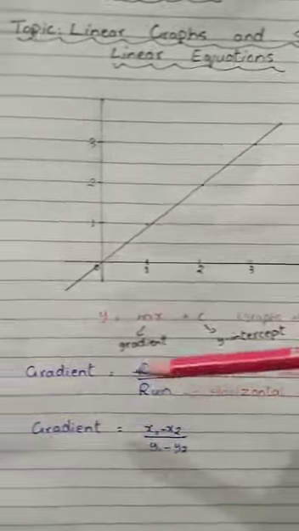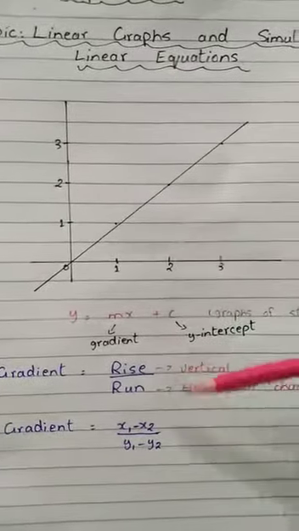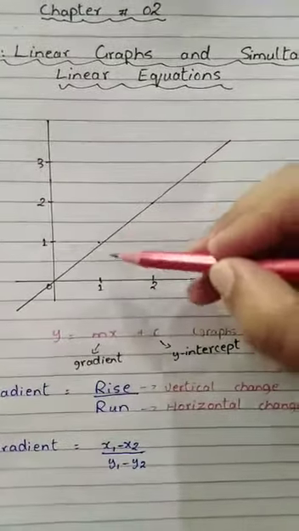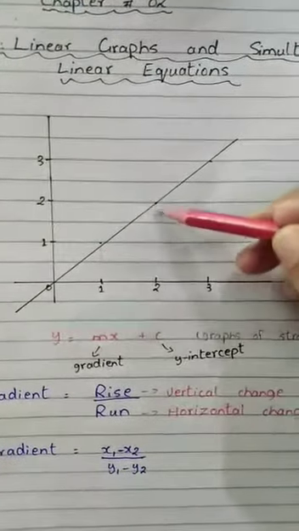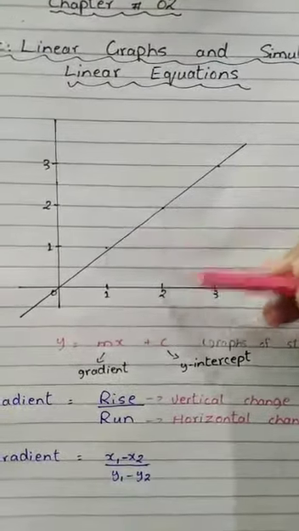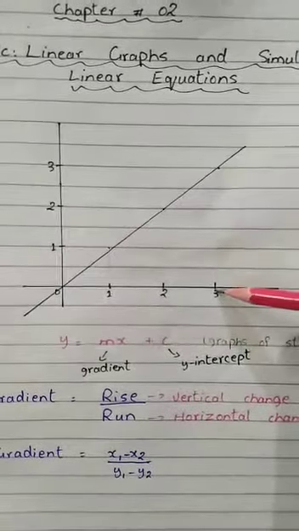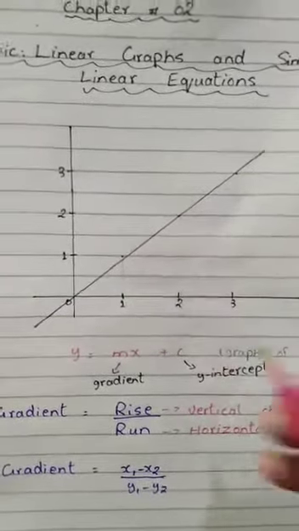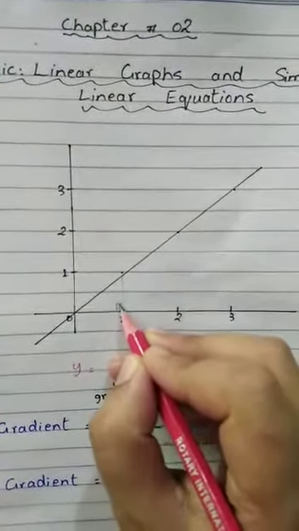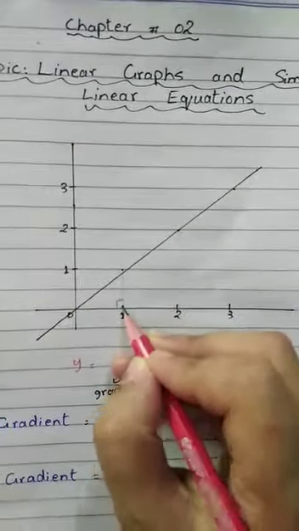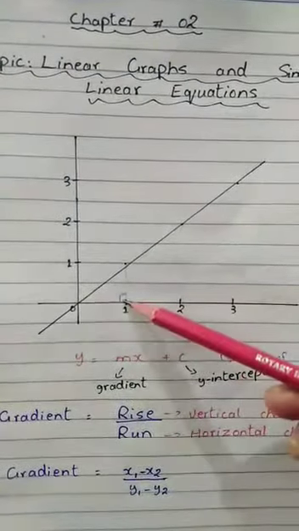For method 1, you just need to make a right angle triangle. You can draw it here, or you can also draw it here. Clear? It must be a right angle triangle, a 90 degrees angle.